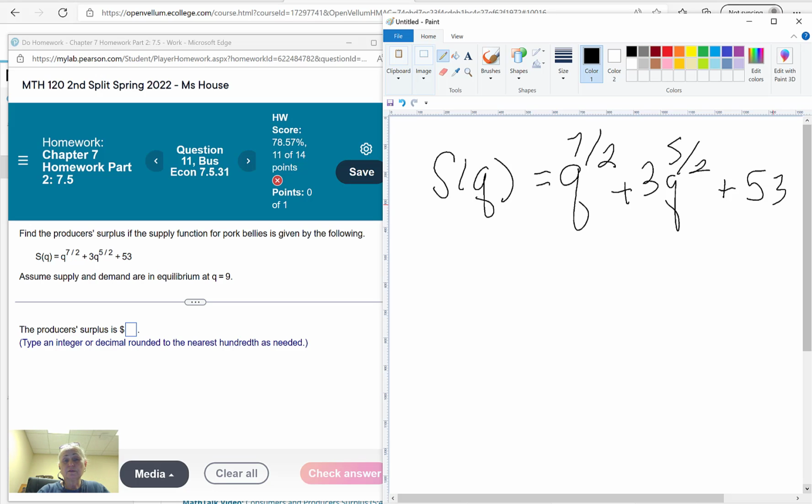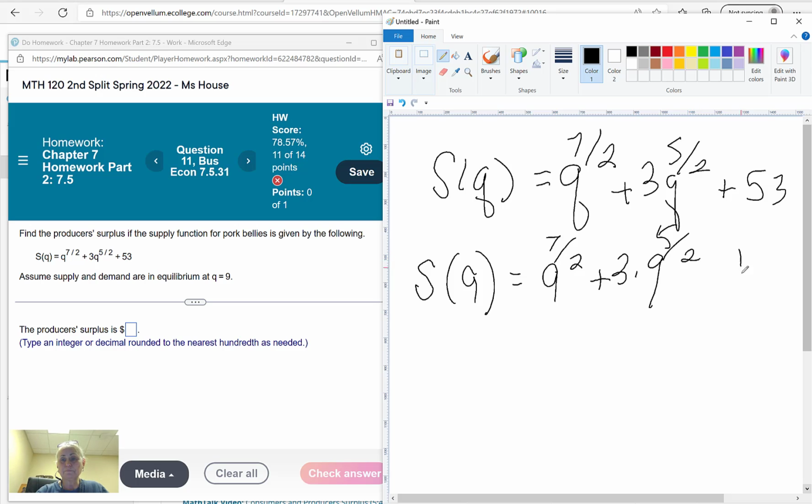Equilibrium is at quantity 9, so the first thing we do is S of 9, and we get 9 to the 7/2 plus 3 times 9 to the 5/2 plus 53.